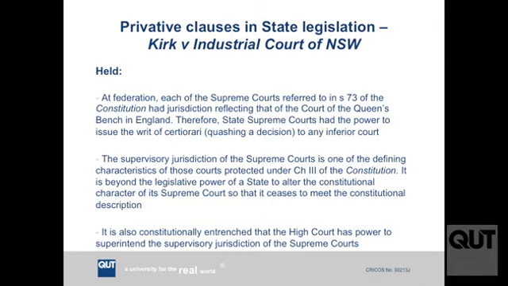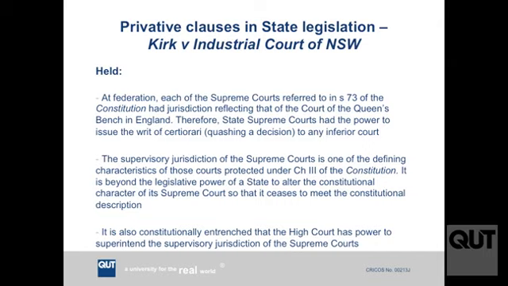The supervisory jurisdiction of the Supreme Courts is one of the defining characteristics of those courts protected under Chapter 3 of the Constitution. Thus, an attempt to remove or limit the supervisory jurisdiction of the Supreme Courts through a privative clause is beyond the power of the state legislatures. This confirmed the position already recognised at the Commonwealth level by virtue of Plaintiff S157.